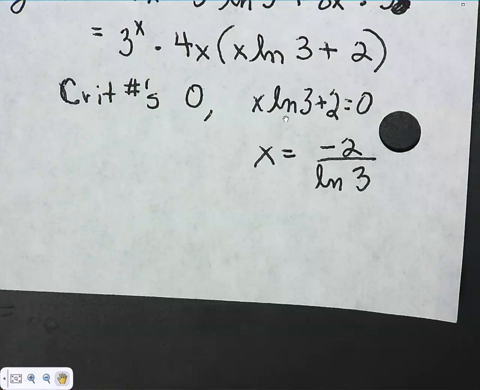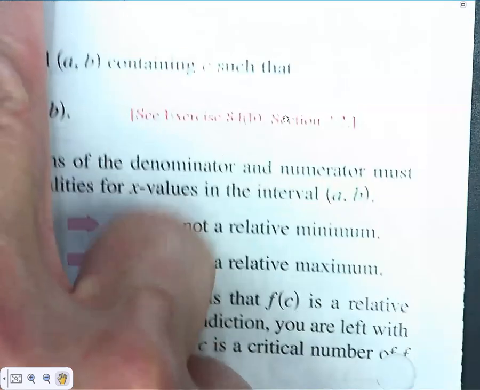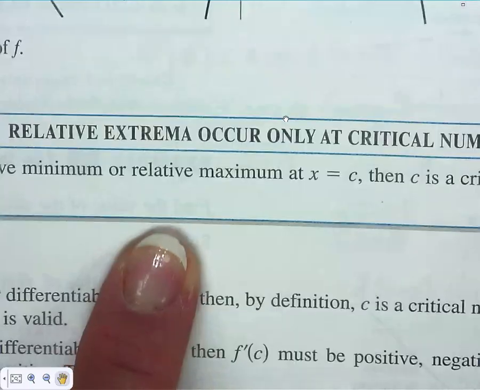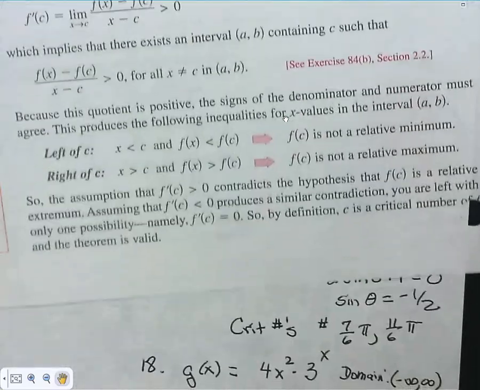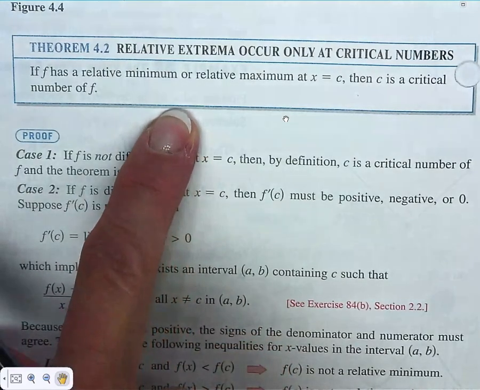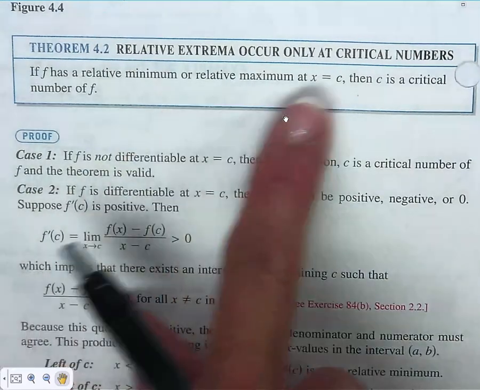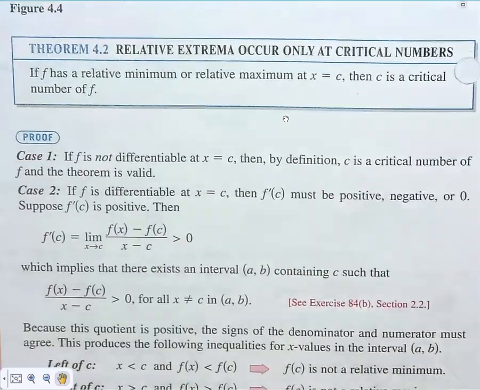There's 2 other things I want to show you in the book. Theorem 4.2. We talked about at the top of the page the definition of a critical number, and then theorem 4.2 is kind of what we discovered on our own. If f has a relative minimum or a relative maximum at x equals some constant, then that constant has to be a critical number.